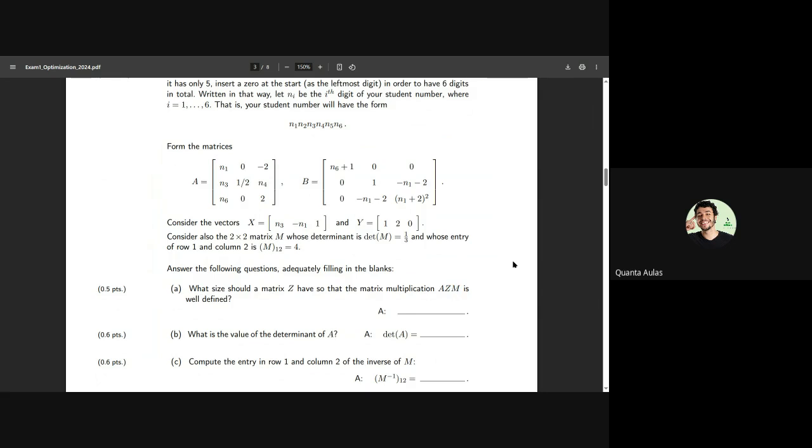These rules include the size of the matrix. We need to observe the size of this matrix first. For example, here we have a 3 by 3 matrix, right? 3 lines, 3 rows.